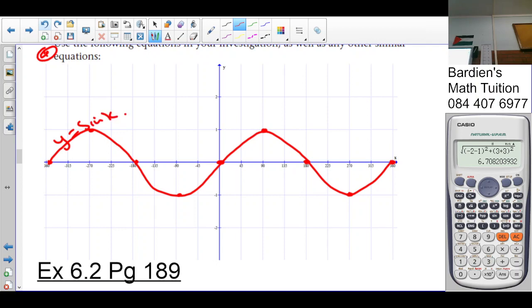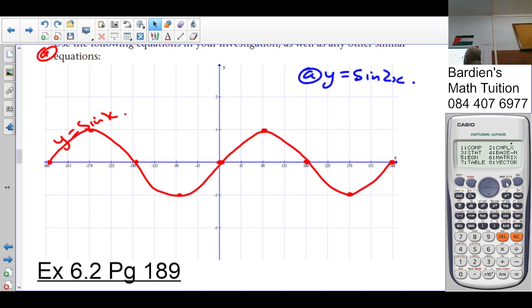So what was the graph in A? What was the first graph you had to draw? Y is equal to sine 2x. So I showed you yesterday how you can plug this into a calculator. So you press mode, you're going for table, sine 2x, alpha, close the bracket.